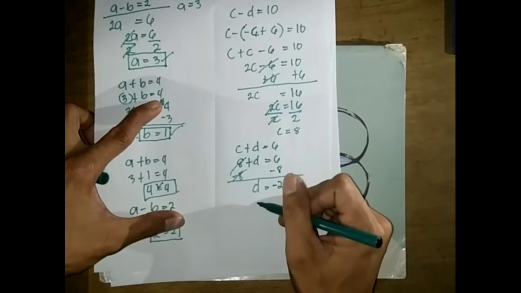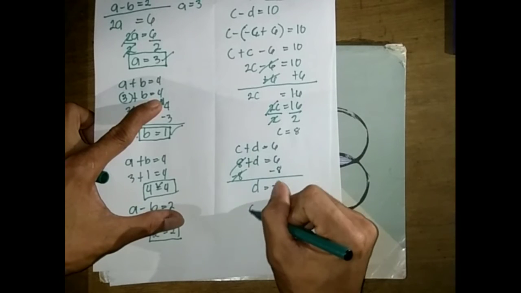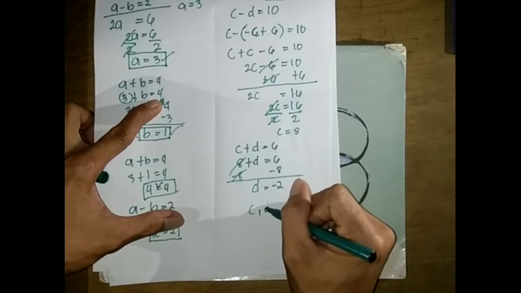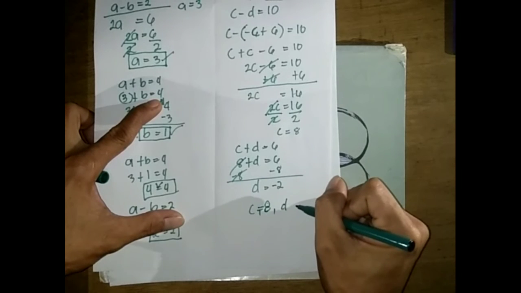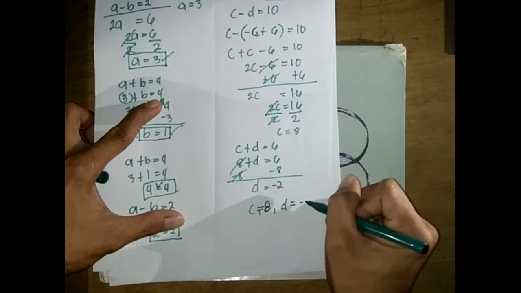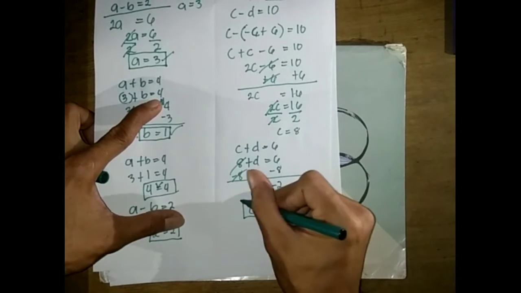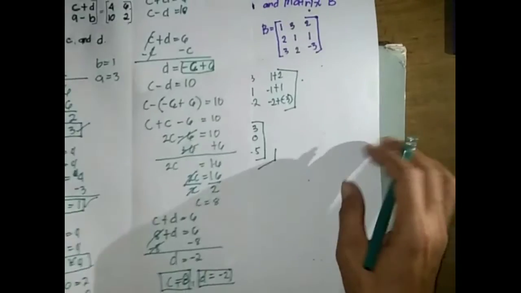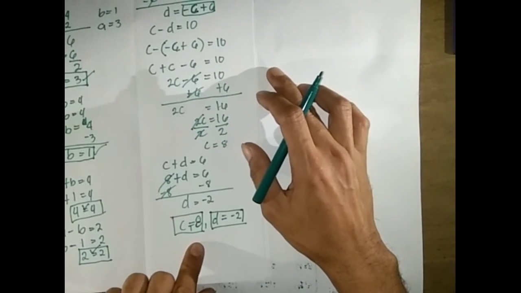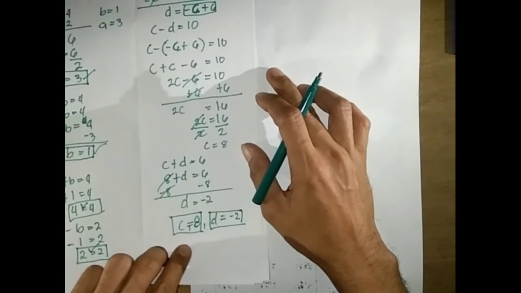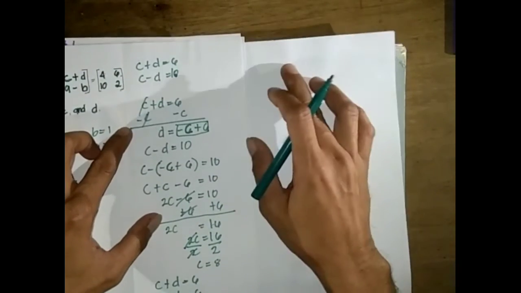So yung value ng C natin is equal to 8. Then yung D natin is equal to negative 2. So check natin, substitute the value of C and value of D to either equation 1 or equation 2.